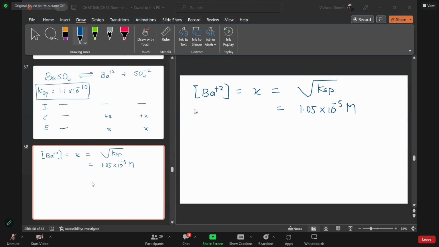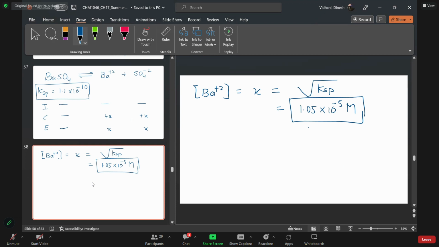So this also tells me that this is the amount of barium sulfate which got into the solution. Because finally, the amount of barium ions is exactly equal to the amount of sulfate ions, which is exactly equal to the amount of undissociated solid which got into the solution in the first place. So you can see this much barium sulfate got dissolved in the solution.